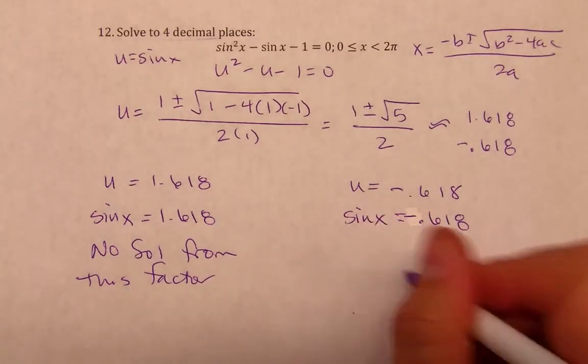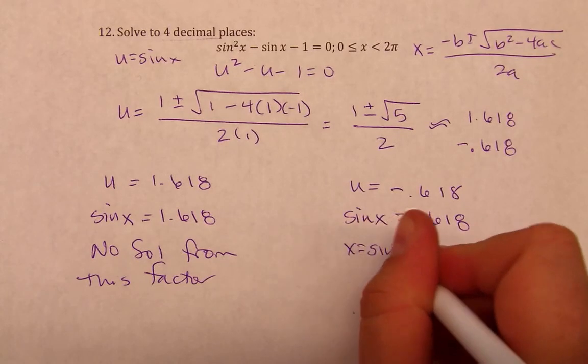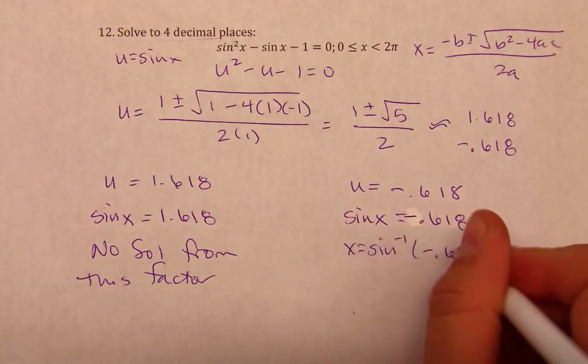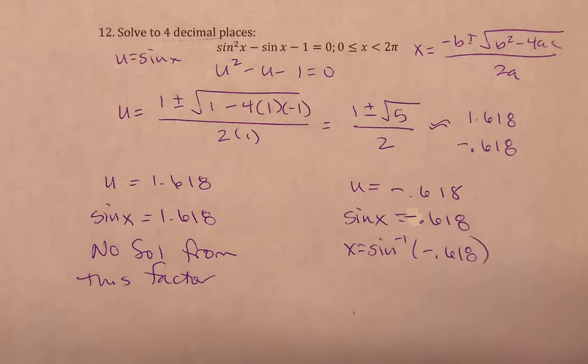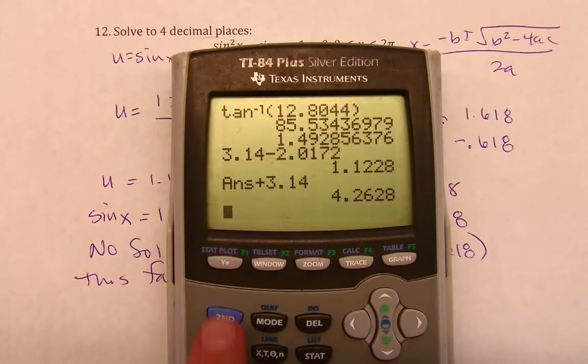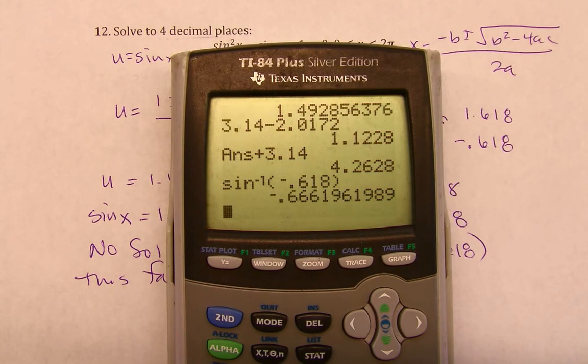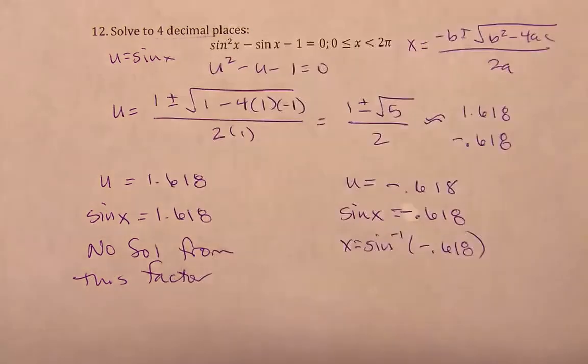So inverse sine of -0.618 is going to give us -0.666.